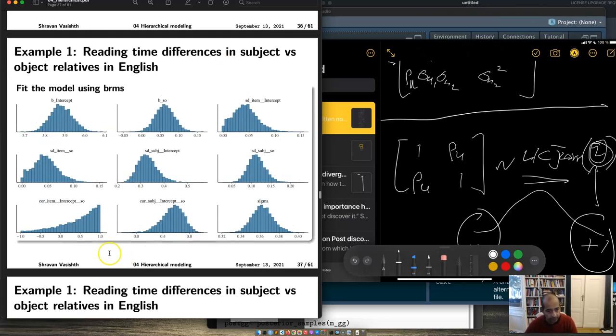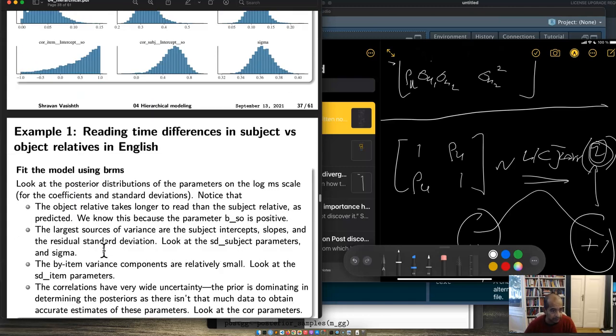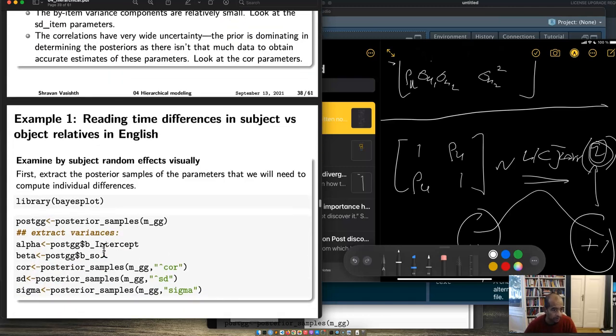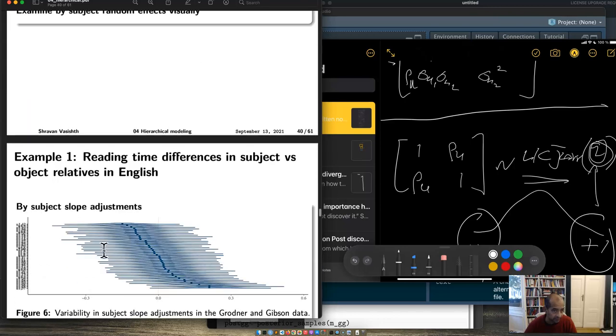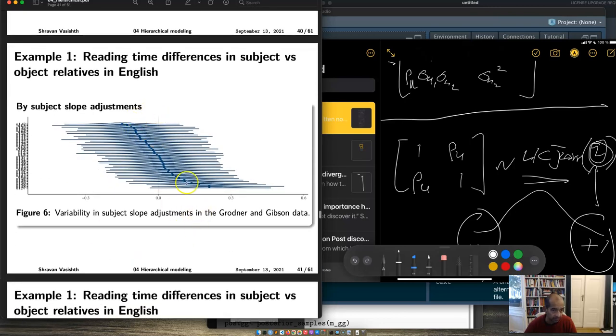And then you will get all your posteriors for all the parameters, and you could in principle also look at the individual level differences. I think I've discussed all this now. You can see that some subjects are really slow, some subjects are fast. So these are the by-subject slope adjustments that you're looking at, the relative clause effect.